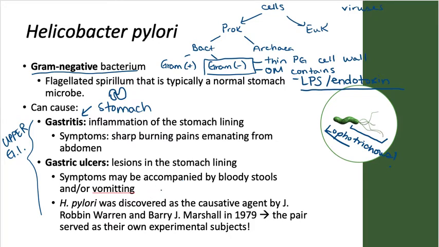And the story of how Helicobacter pylori causes this infection is very interesting. So there were a pair of scientists, Barry Marshall and Robin Warren. They were working together on a hypothesis that Helicobacter pylori was the cause of gastric ulcers. It was previously thought that gastritis and gastric ulcers were caused by environmental conditions like spicy food or a high sugar diet or stress.